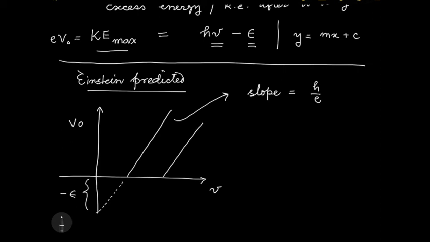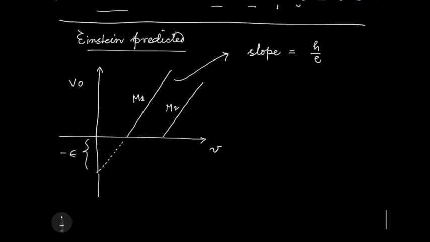If I use another metal, so this is metal 1, this is metal 2, it can have a different work function. So this is epsilon 1 and this is epsilon 2. So different metals' work functions you can figure out like this, and if you actually do the experiment, you will see the slope to be h by E.